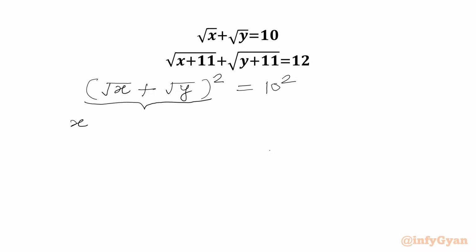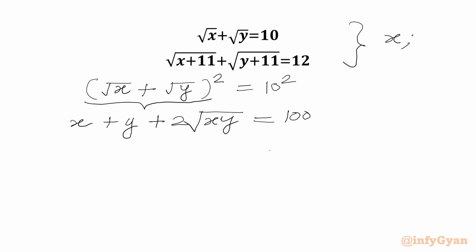We will get (√x)² is x, (√y)² is y, plus 2 times √x times √y. We'll write √(xy). RHS will be 100. We are looking for real solutions, so we can write here x, y must be greater than or equal to 0.